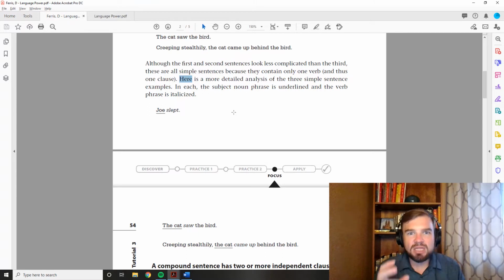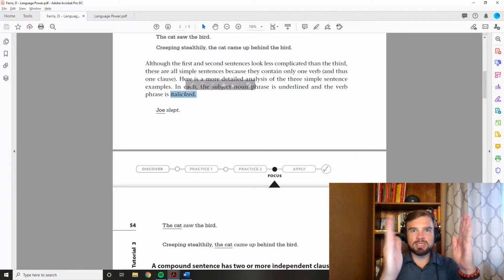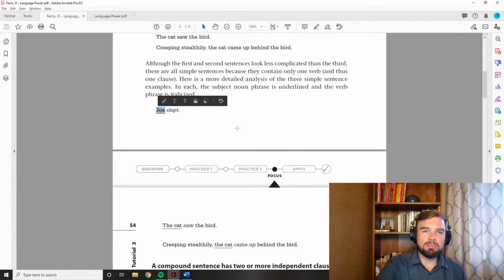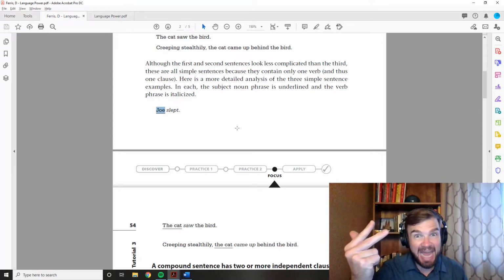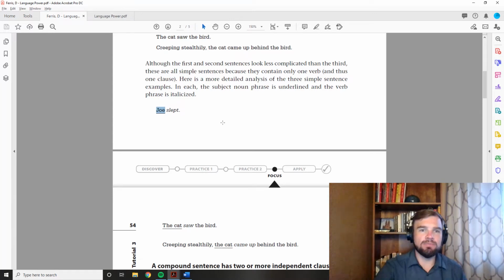In each, the subject noun phrase is underlined and the verb phrase is italicized. Italicized means the words that look like this, like they're leaning, right? So in this example, Joe is the noun, the subject, and the noun phrase all together. Slept. Slept is our verb and our verb phrase.